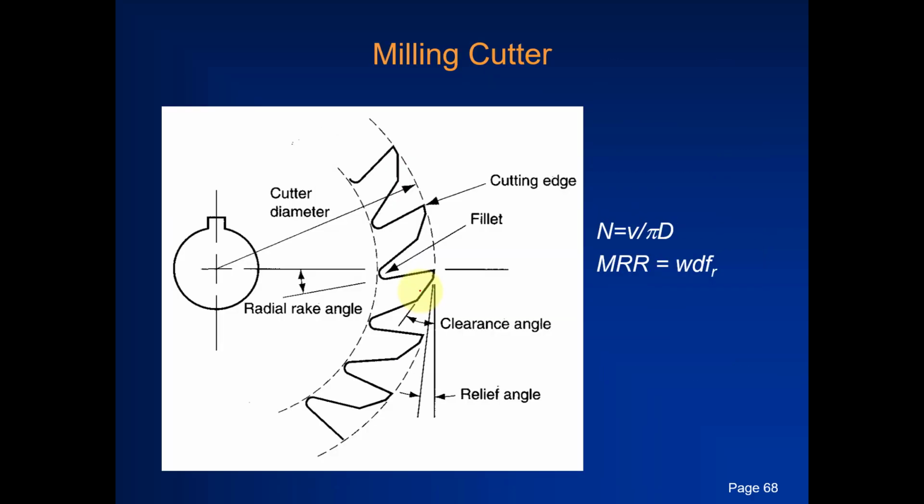Now you can see this is the milling cutter. This is a view of the milling cutter, and this is the axis, and this is the place for insertion of the shaft on which this milling cutter will rotate, and there is a keyway.